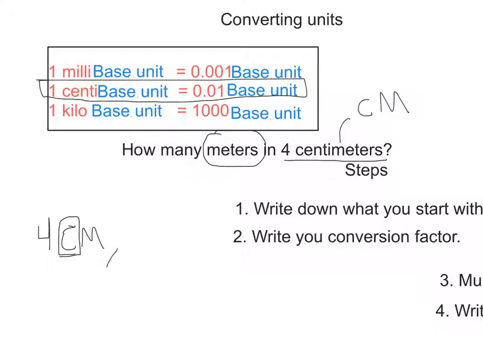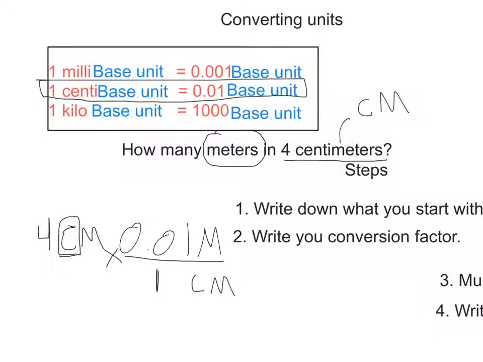So I'm going to make this a times and then a line, and because I want to get rid of centi, I'm going to put that on the bottom, and then I want to turn that into a meter, so I'm going to put that on the top. So 1 centi, 1 goes in front of centi, and 0.01 goes in front of my meter.